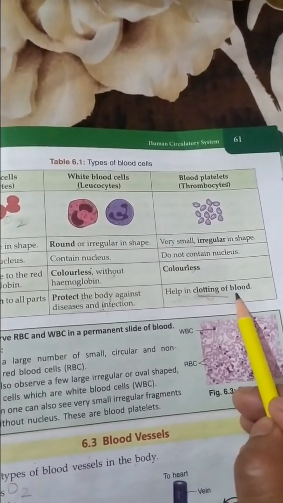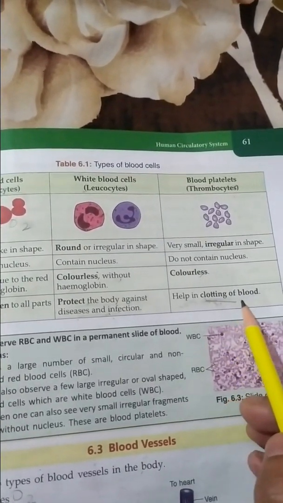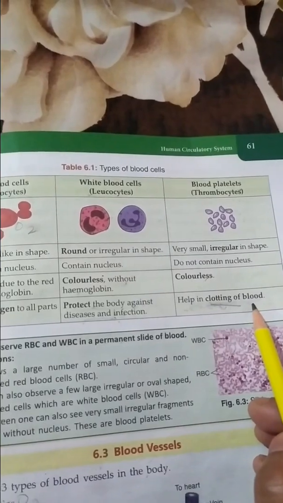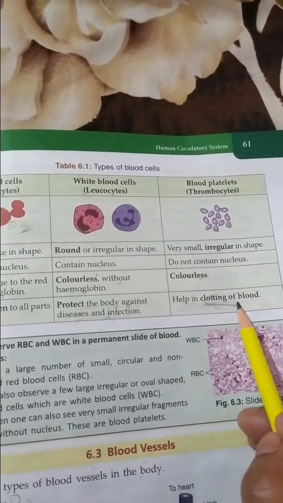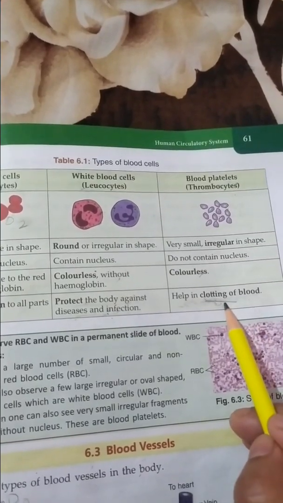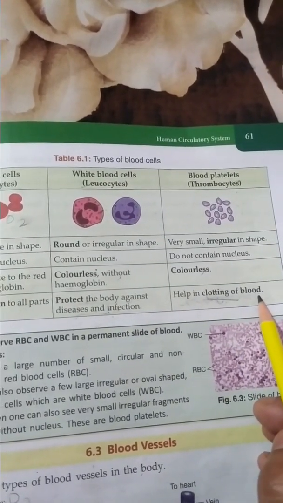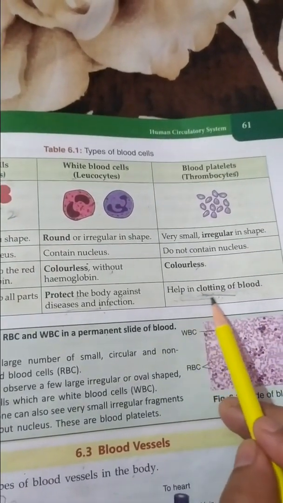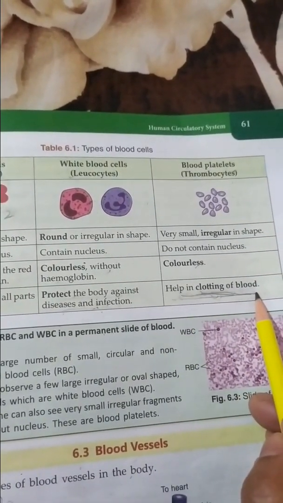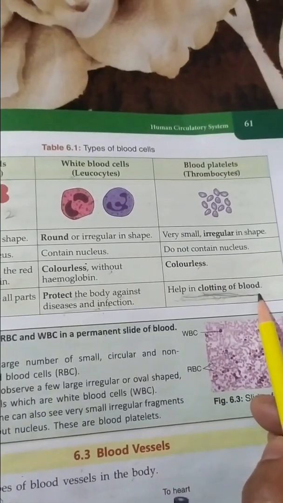For example, when you get injured, the blood continuously oozes out from the injured part, so blood platelets act on that part and stop the bleeding from the skin where you have been injured. So they mostly help in clotting of the blood, or stopping the bleeding.